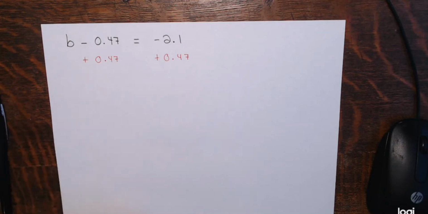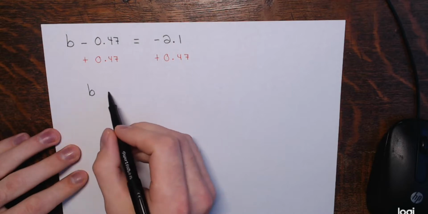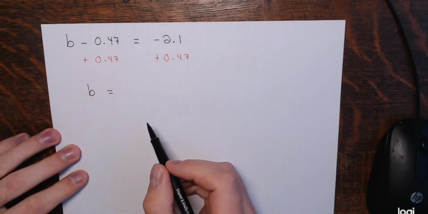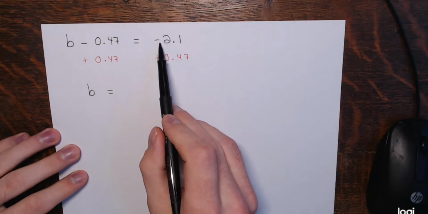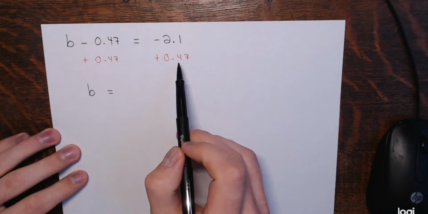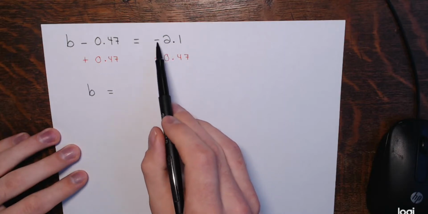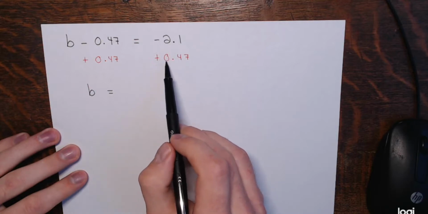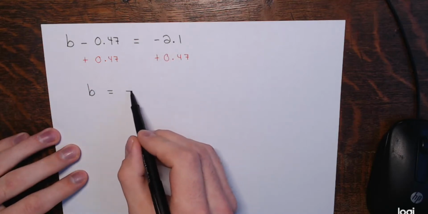Okay. So now I have b on the left equals, now when you're adding, if one term is negative and the other one's positive, it's really subtraction. So negative 2.1 plus 0.47, 2.1 is bigger than 0.47, so this is going to be a negative number.